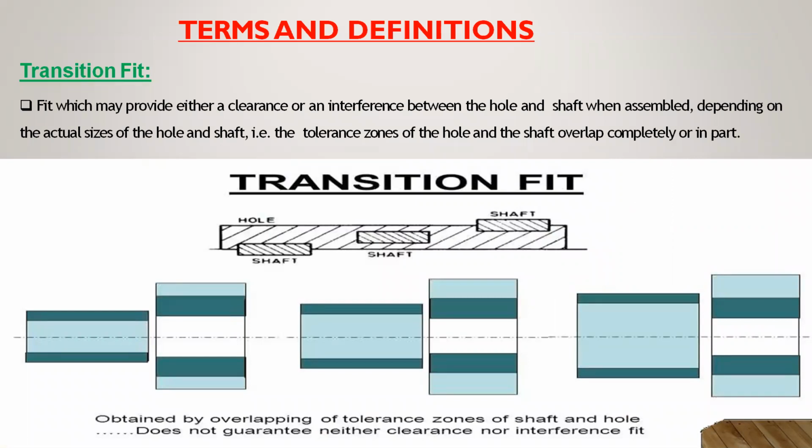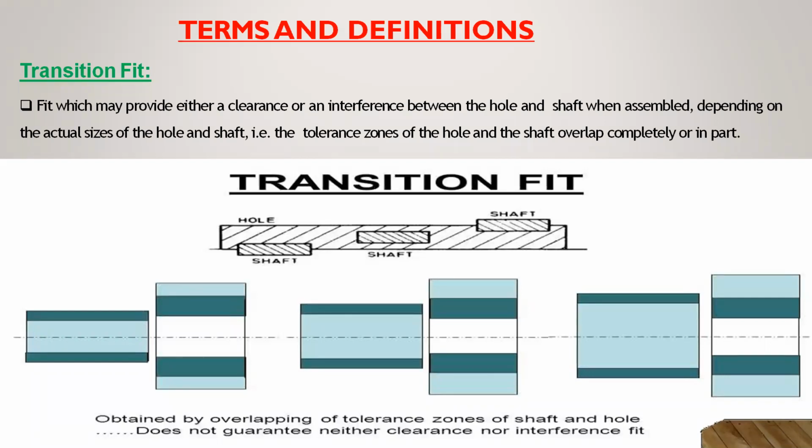Next, the last one is the transition fit. In the transition fit, the fit may provide either a clearance or an interference between the hole and shaft when assembled together. That depends on the actual sizes of the hole and shaft, that is, the tolerance zones of the hole and shaft overlap completely or in part.